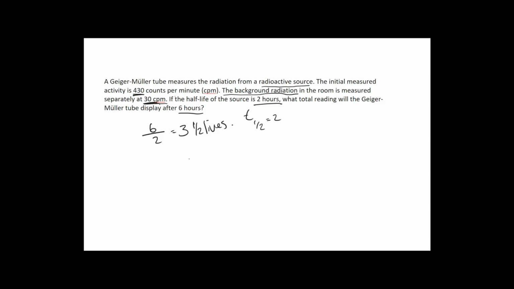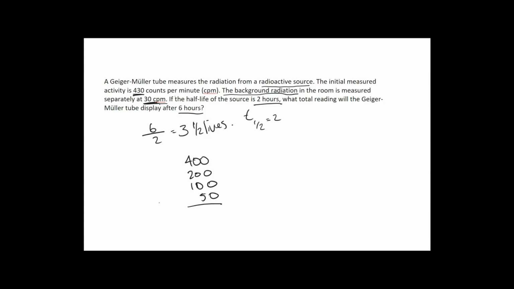So our initial radiation is going to be 400. And then if we half that, 3 half-lives, after 1 half-life, it's going to be 200. After 2 half-lives, it's going to be 100. And after 3 half-lives, it's going to be 50.